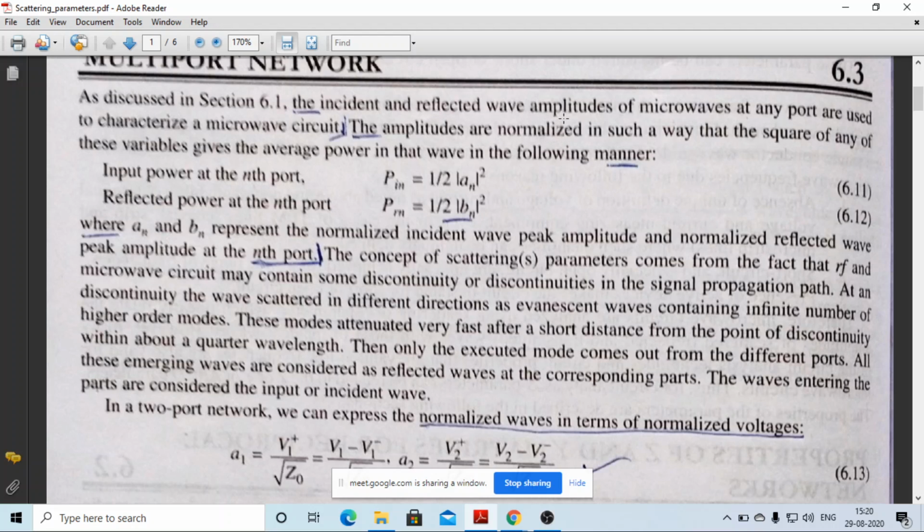The incident and reflected wave amplitudes of microwaves at any port are used to characterize a microwave circuit. So this A and B are called the incident and reflected wave amplitudes in normalized form. So now let us understand what is the meaning of the normalized form.